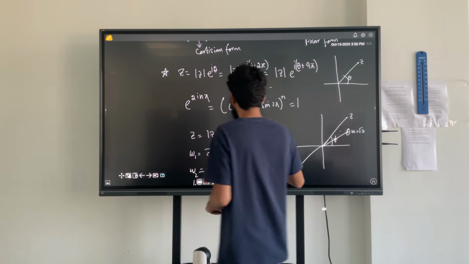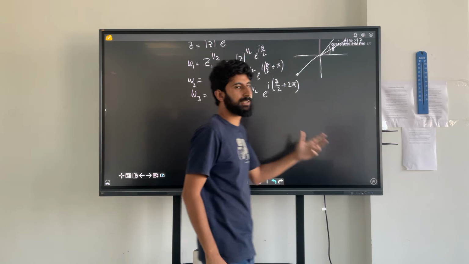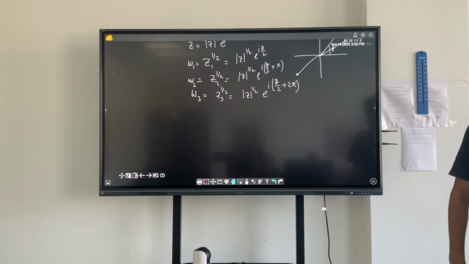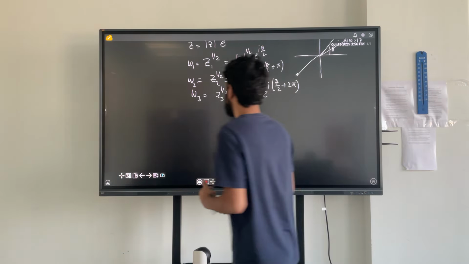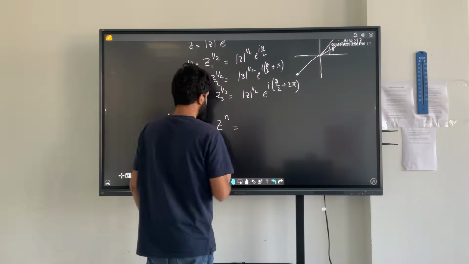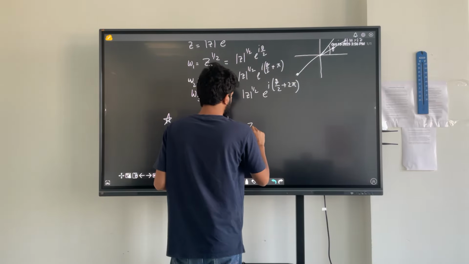Now this is basically what we are doing when we are finding the roots of a complex number. Let's say I have a complex number z and when I raise it to the power n I get some z naught.